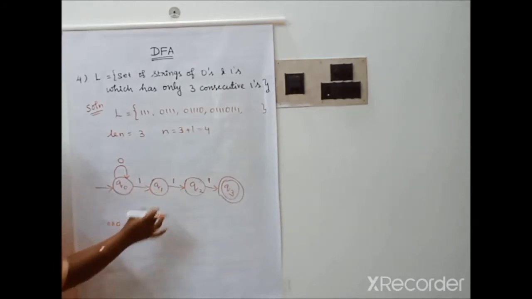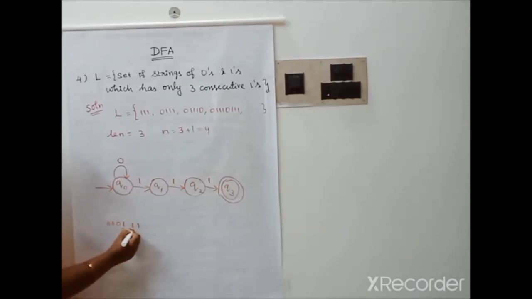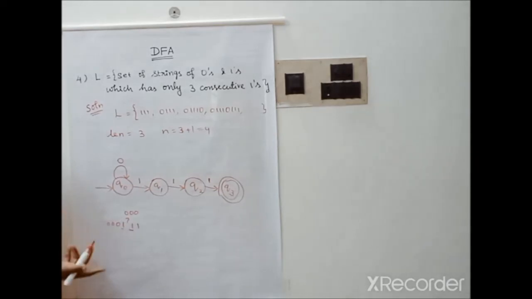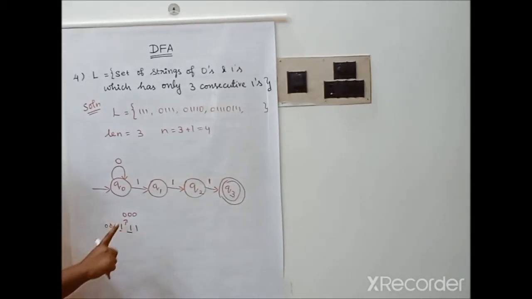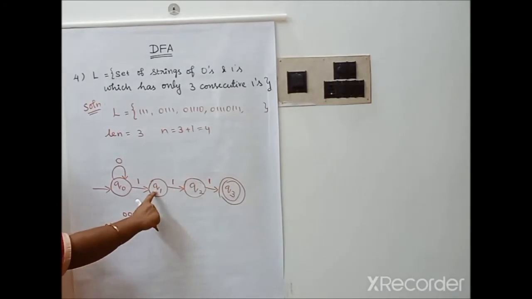In Q1, it is having the transition for the input symbol 1. So, in between these two ones, if we are having zeros, what happens? It is not possible because if 1 occurs, it should be 3 consecutive ones. Therefore, there is no transition for 0 from the state Q1.